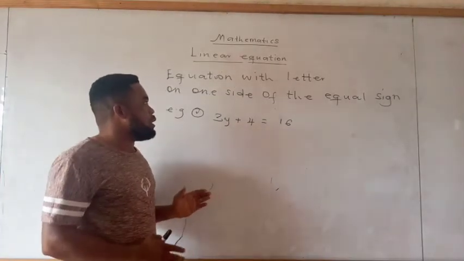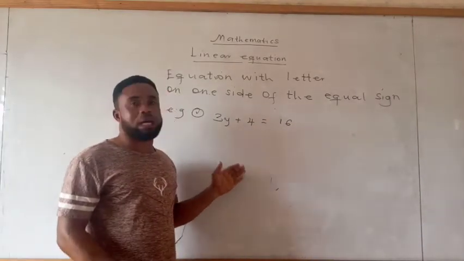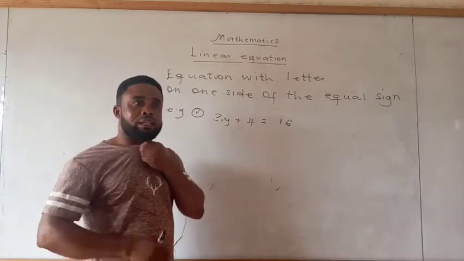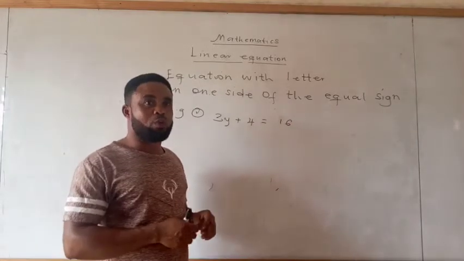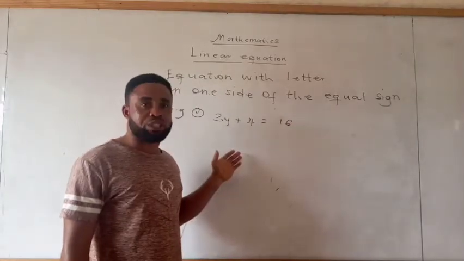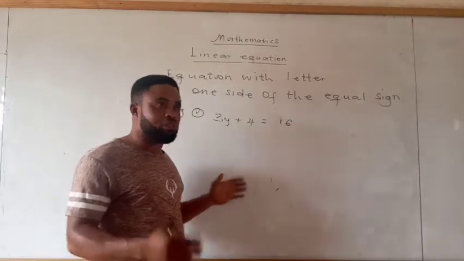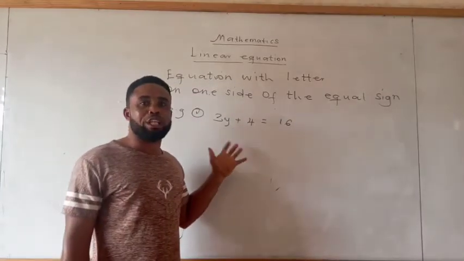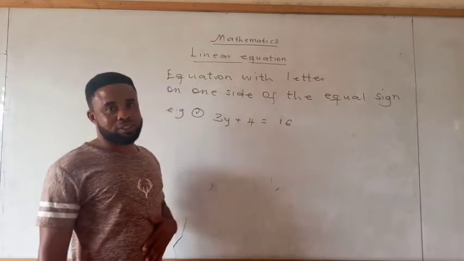Now, we are going to use a method known as balancing. And I hope you are familiar with what is called like terms, because when we were doing the exponential equations, I introduced what is called like terms to you. So I believe linear equation here is not too new to you.